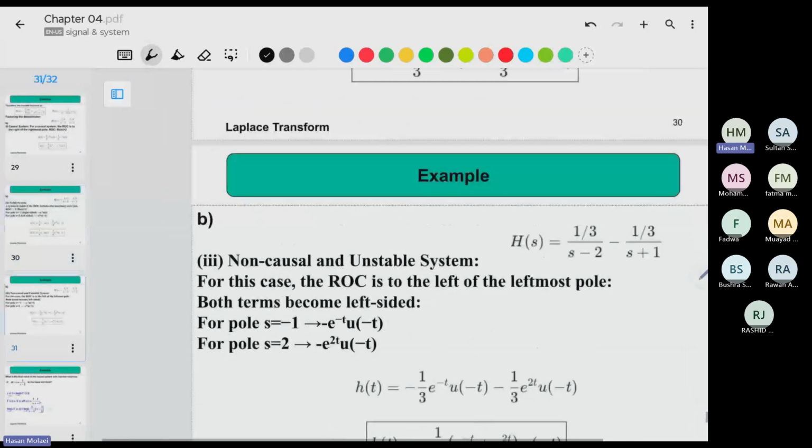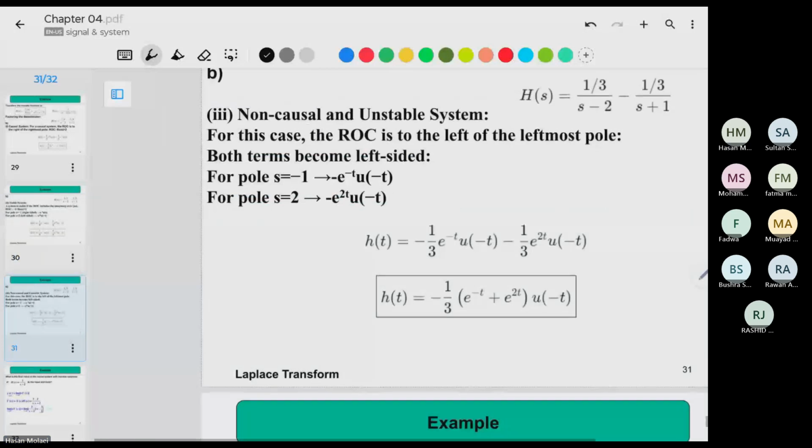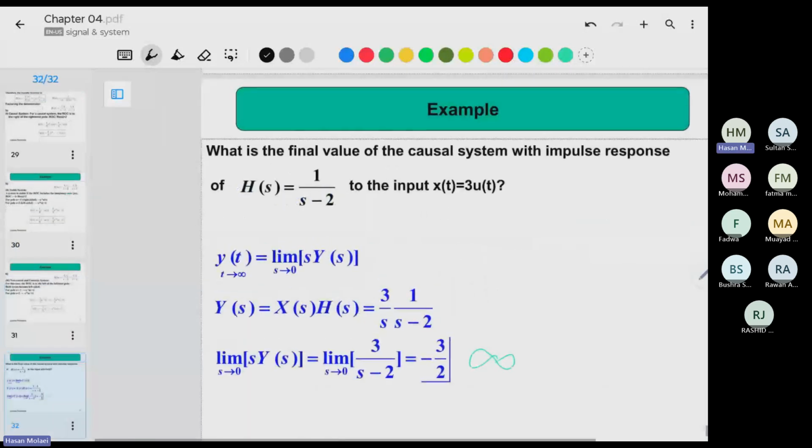And I just want to show the last one. How about this one? What is the final value of a causal system with an impulse response of this?